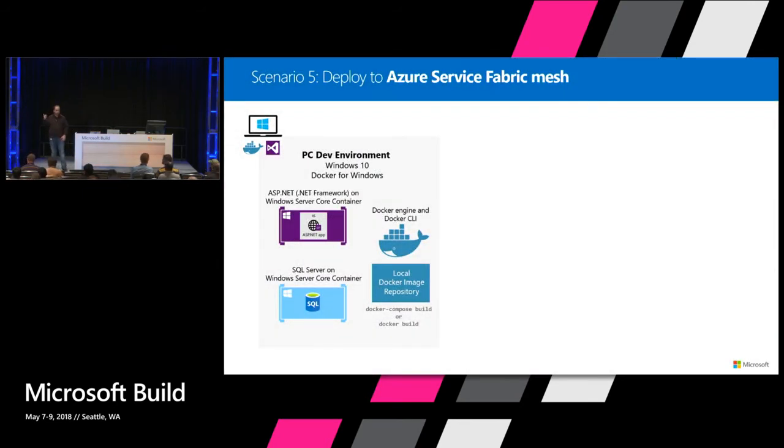So another scenario would be to deploy Windows containers into Azure Service Fabric Mesh, whose code name was Cbreeze. Maybe you haven't heard that because it was internal. But Mesh is Service Fabric as a platform as a service. It's kind of serverless.